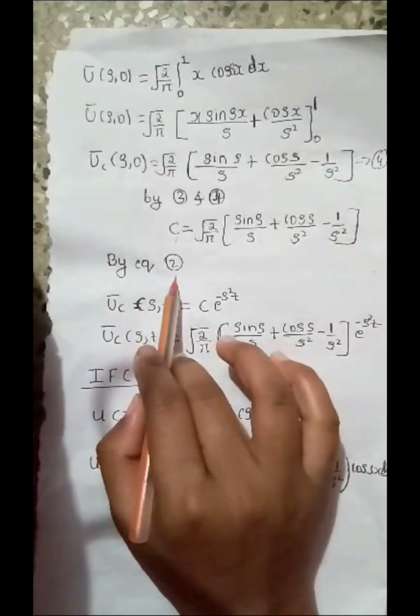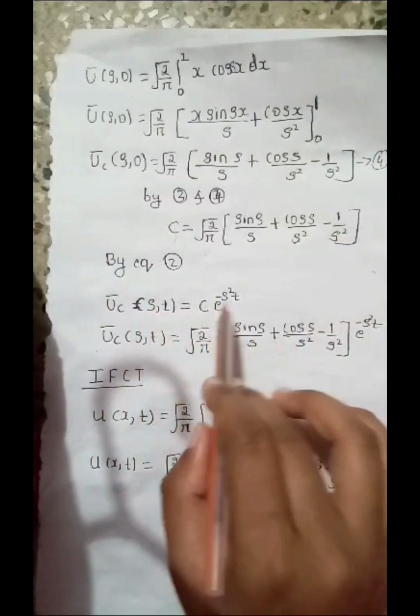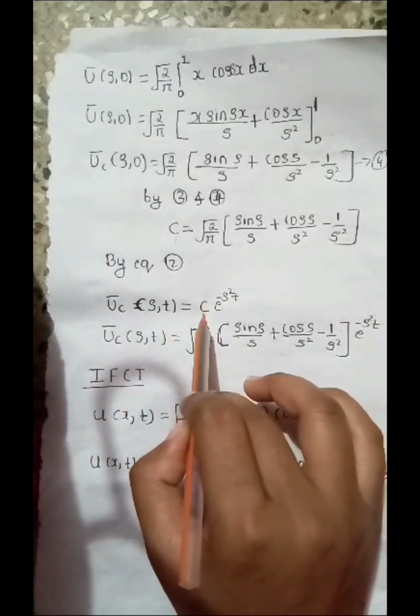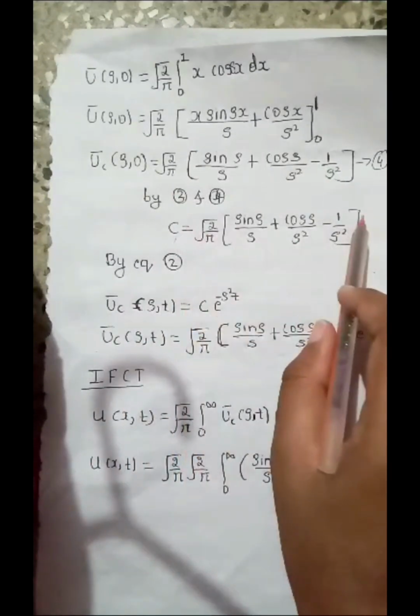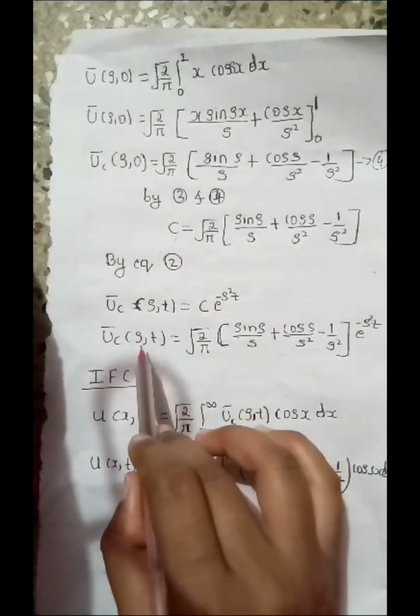So by equation 2, we know ū_c(s, t) equals c into e to the power minus s² t. We already know the value of c, so we substitute this value of c here, and then we will get the value of ū_c(s, t).